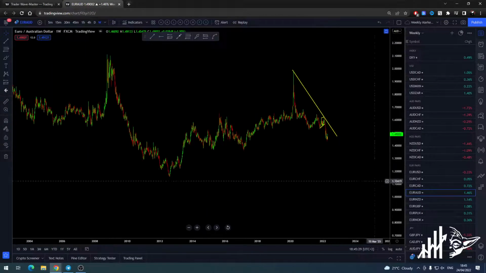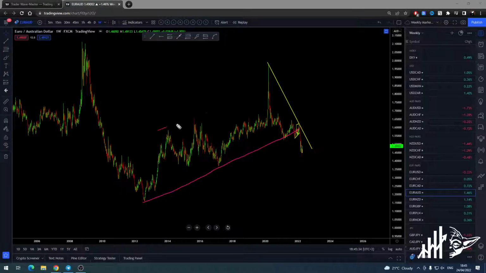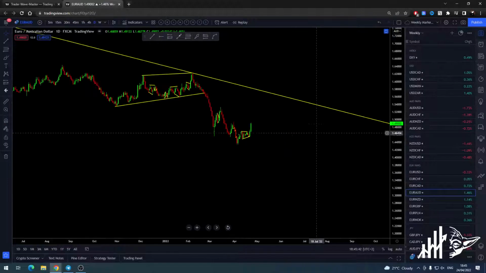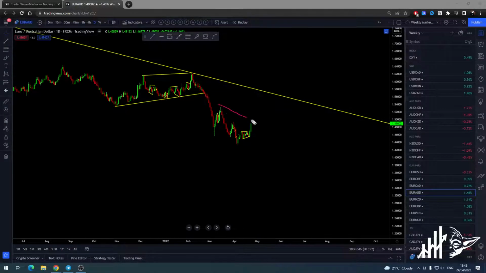Oh yeah, you see this structure? If this is the earning flat, we could easily go lower. Let's see what the daily is trying to do or shows us. Yeah, this is possible. This could stop somewhere there, give us the earning flat, and we'll be selling it.